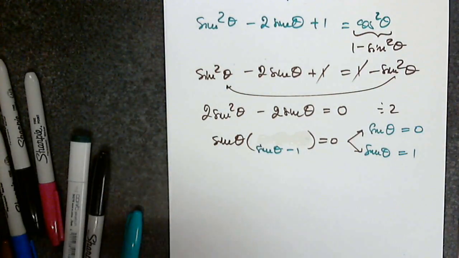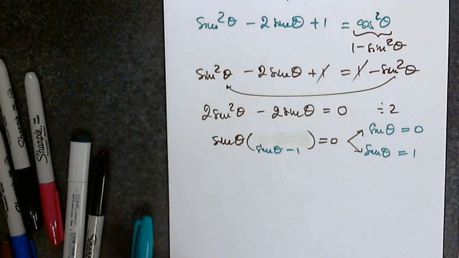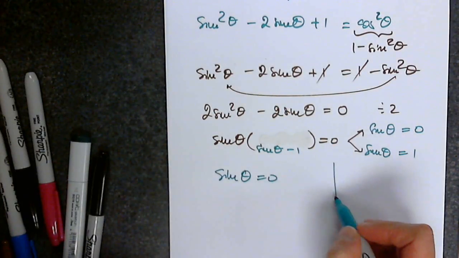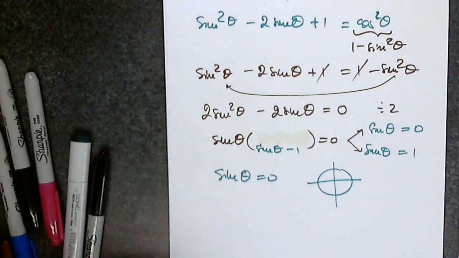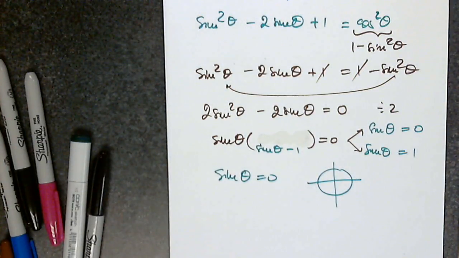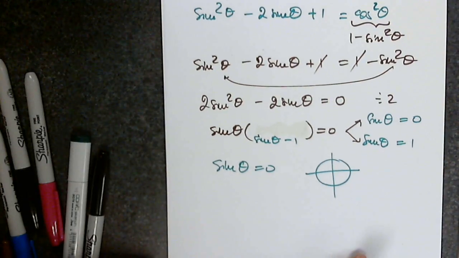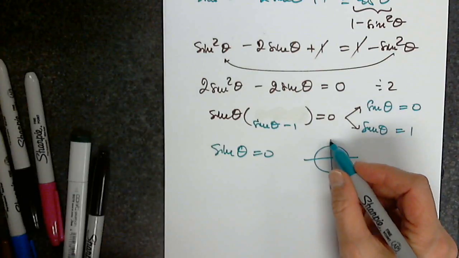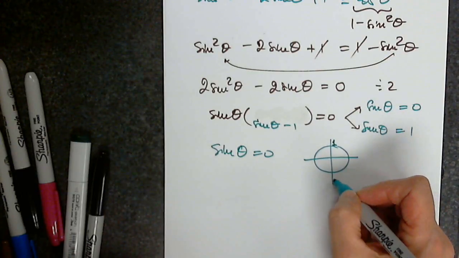So then from the first one, I go back to the unit circle. In order to solve the equation sine theta equals 0, I remember that sine is measured on the y-axis. And where is sine 0? This is 1 and this is negative 1.